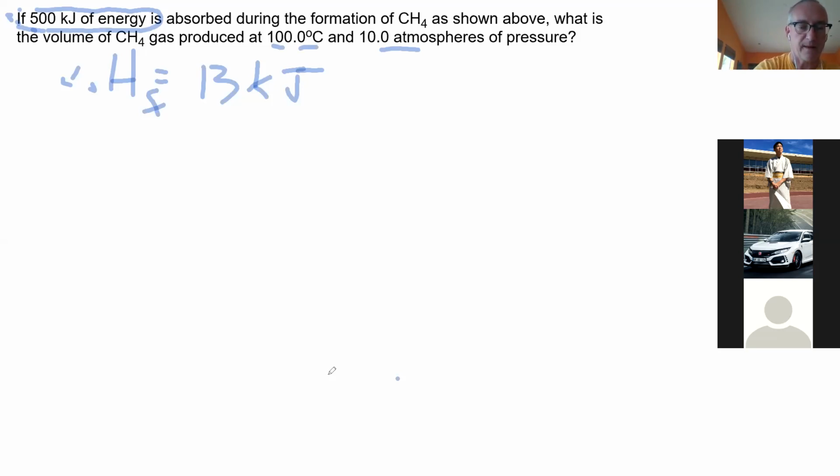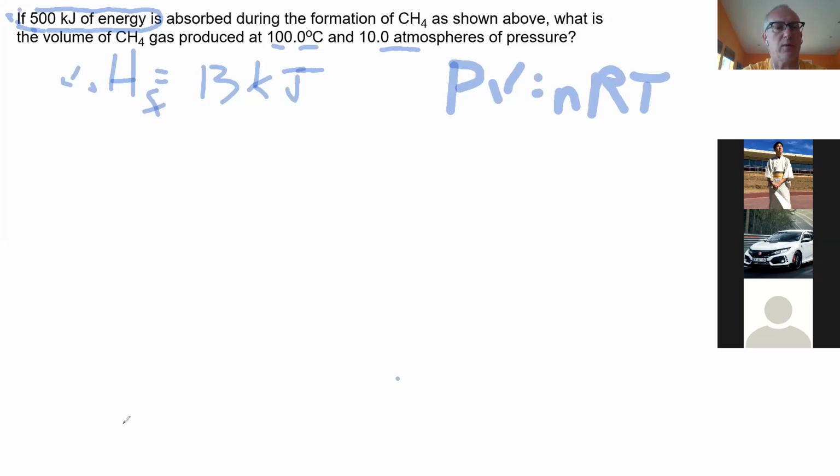I guess the easiest thing to do first is to list out the variables that are already given to us. So we need to figure out what we have. Our pressure is 10 atmospheres.